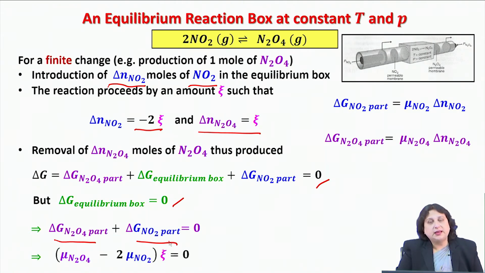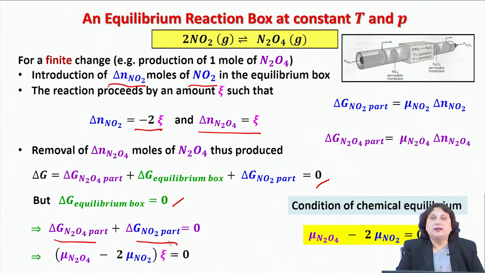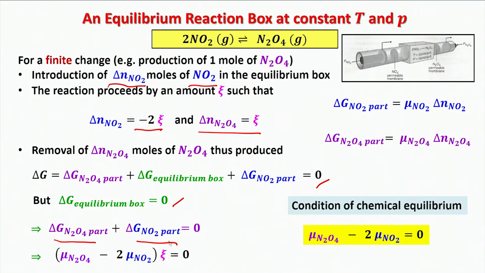And now, once again, I know what these individual terms are. I put them back in this relationship, and since I know xi is a non-zero quantity, once again, the condition of chemical equilibrium turns out to be the condition that we have seen before.